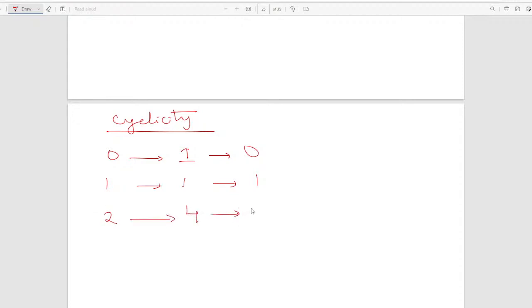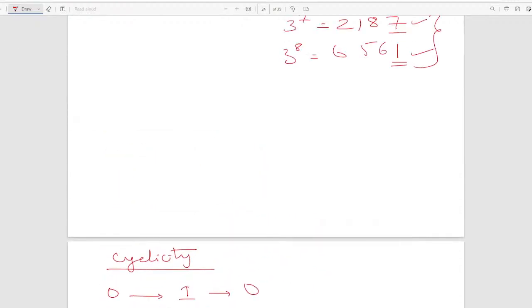The pattern that repeats is 2, 4, 8, and 6. I'll show you the example here. 2 raised to 1 is equal to 2. 2 raised to 2 is equal to 4. 2 raised to 3 is equal to 8. 2 raised to 4 is equal to 16. 2 raised to 5 is 32.